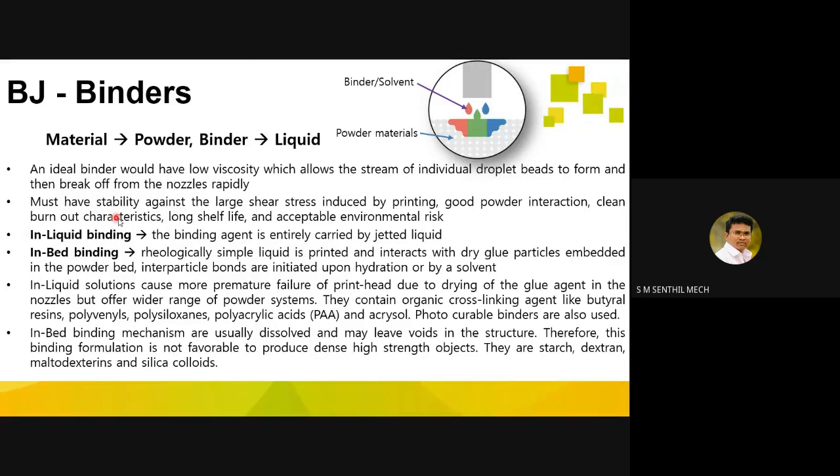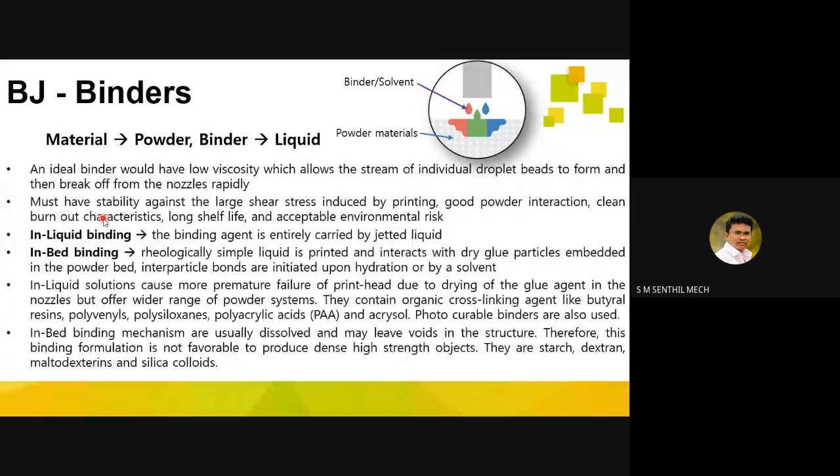Clean burnout characteristics, because we already know you will be performing post processing for the binder jet produced products. I hope everyone knows this. One is sintering and another one is infiltration. During sintering, we will be exposing it to high temperatures in order to remove the unwanted or excess binders.